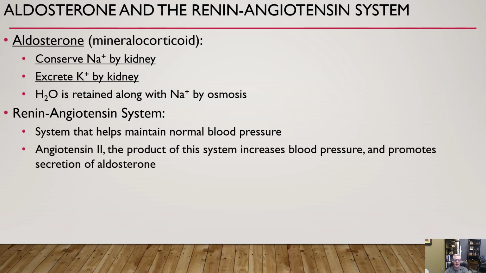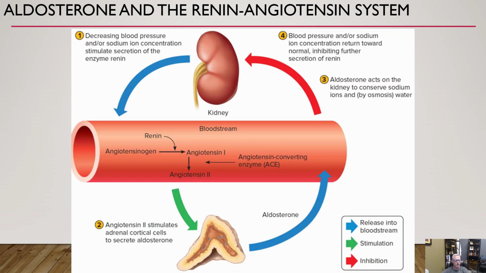We have this thing called a renin-angiotensin system that's going to help with our blood pressure. We'll briefly look at it. We're not going to go in depth into the renin-angiotensin-aldosterone system. Some people say the renin-angiotensin-aldosterone system.